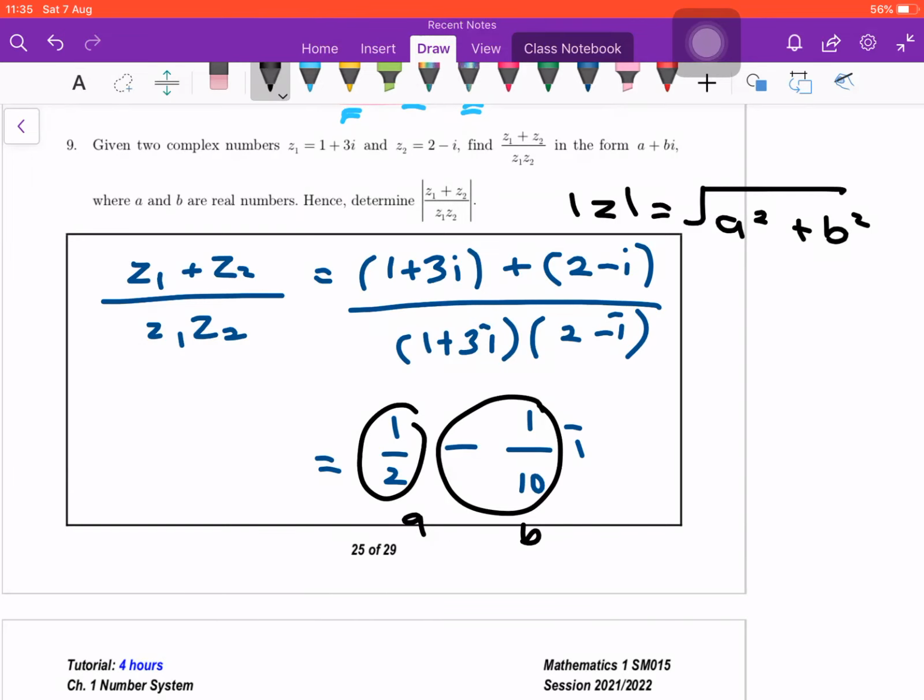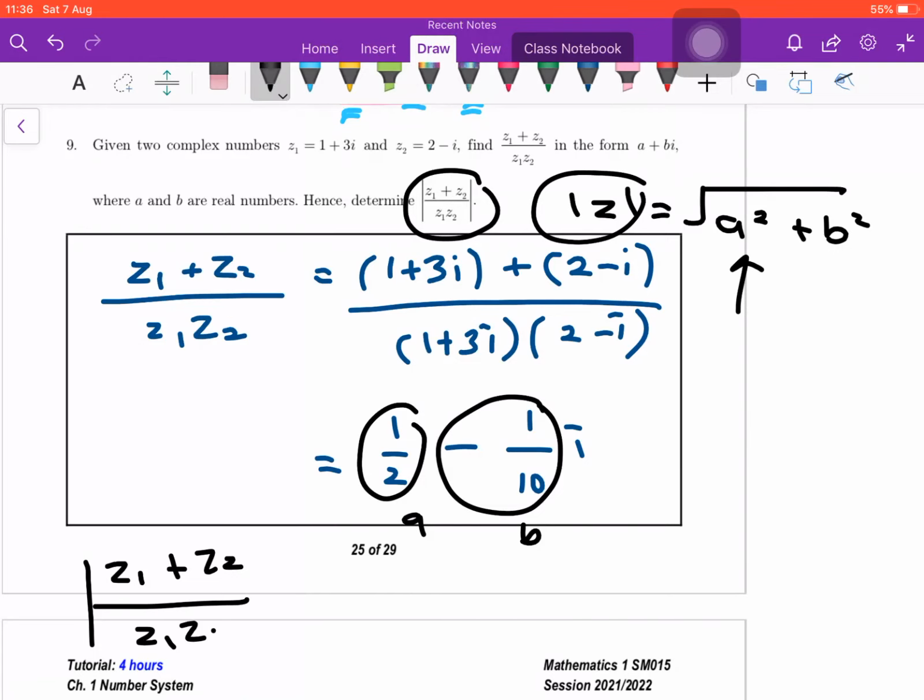Substitute lah A dan B ni ke dalam formula modulus Z. Tapi awak janganlah bubuh modulus Z, sebab Z sekarang untuk soalan ni, Z awak adalah this one. So, awak perlu buat modulus of Z1 plus Z2 over Z1 Z2 is equal to sqrt of A square plus B square, which is A adalah 1/2 dan B adalah negatif 1/10.